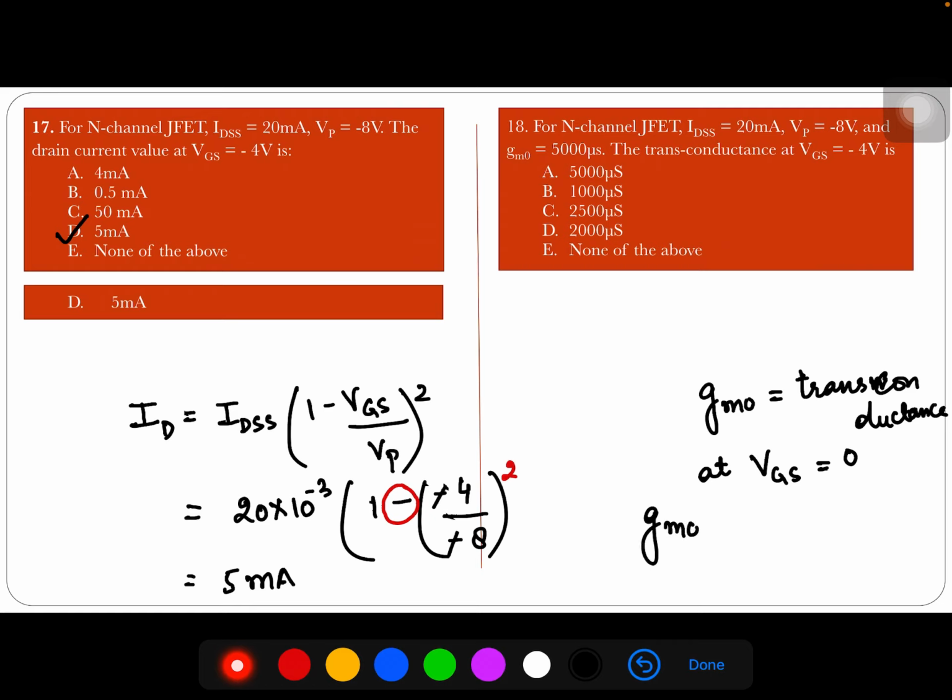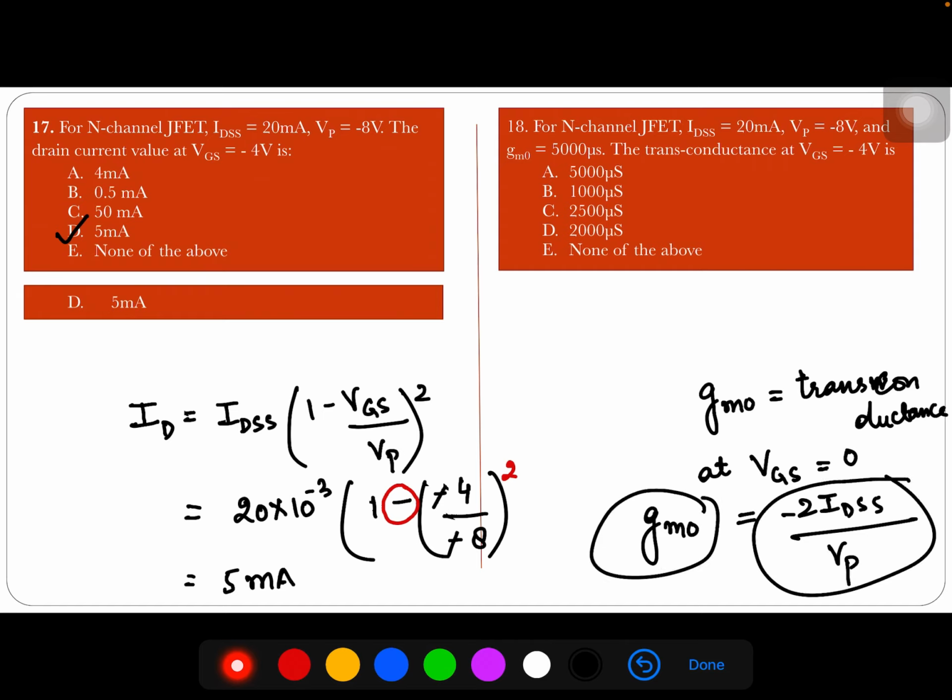The formula for this GM naught is minus 2 IDSS upon VP. But in the question you are directly given this value, so you need not use this part. The transconductance has been asked. The formula for transconductance is Gm equals GM naught times (1 minus VGS upon VP).